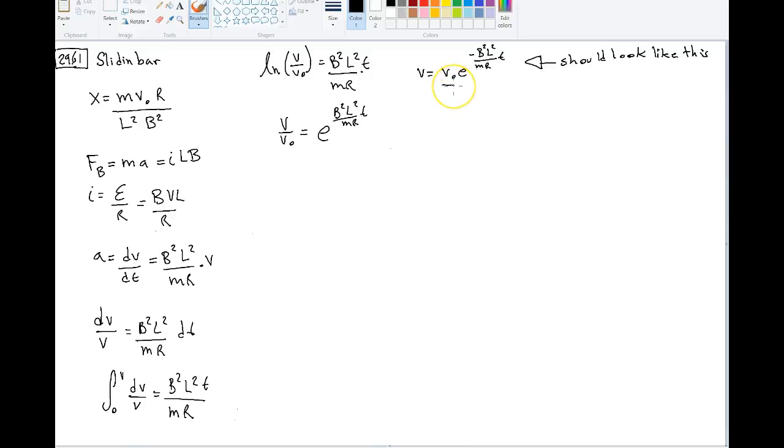But now, v is equal to dx dt. So we replace that with this, and then bring the dt over, and then integral dx is just x. That's going to be equal to v0 times the integral of e to the negative B squared L squared over mR t dt.